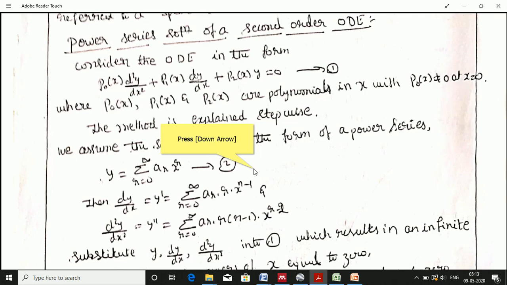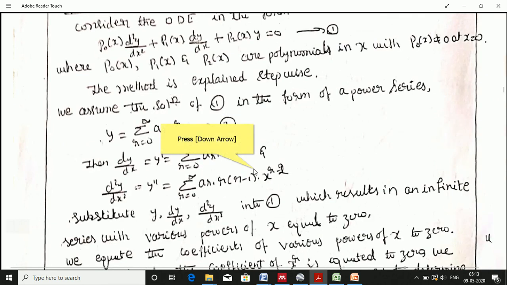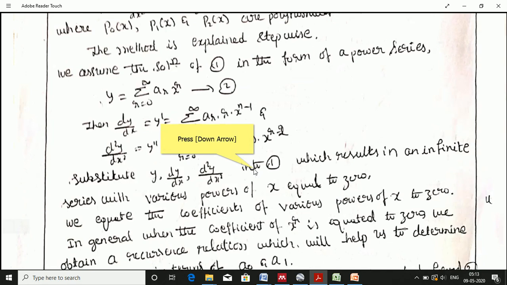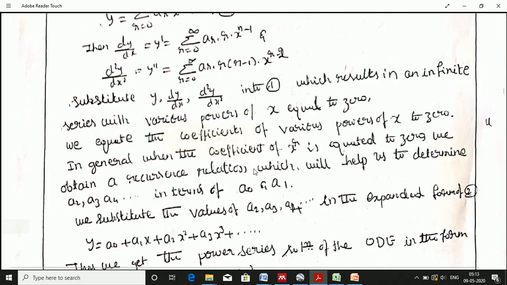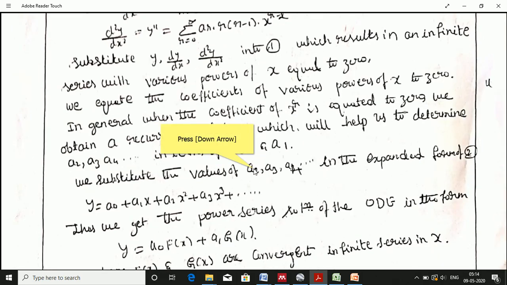Substitute the values of y, dy/dx, d²y/dx² into equation 1, which takes the form P0(x). Substitute and also equate the coefficients of various powers of x to 0.